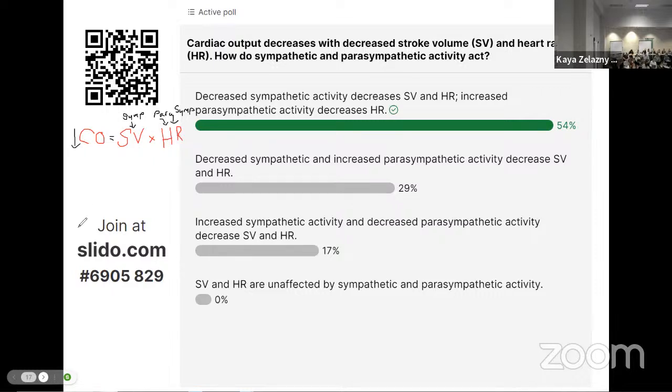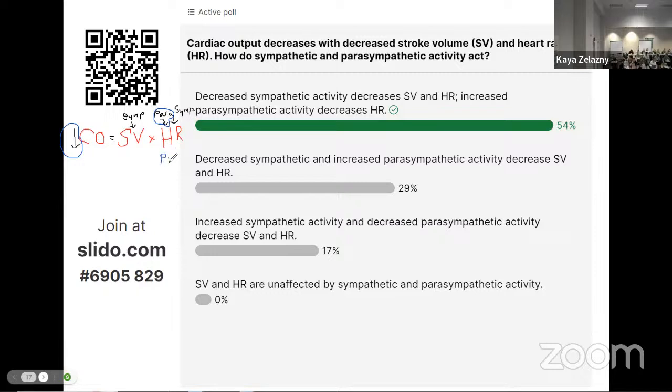Now we have to use these connections to think about the fact that we're seeing a decrease. If we want to decrease the cardiac output, the simplest way is to decrease one of these numbers. The way we could most simply do that is through the parasympathetic innervation of the heart rate.